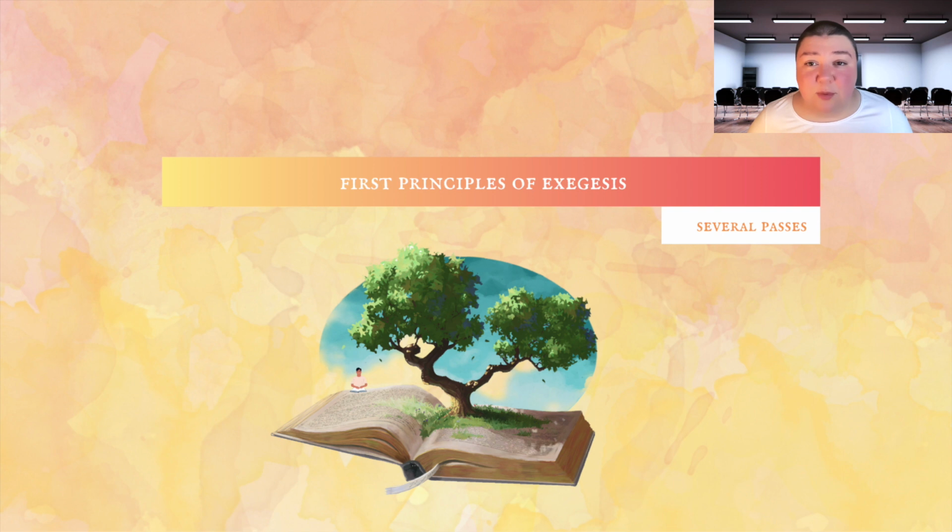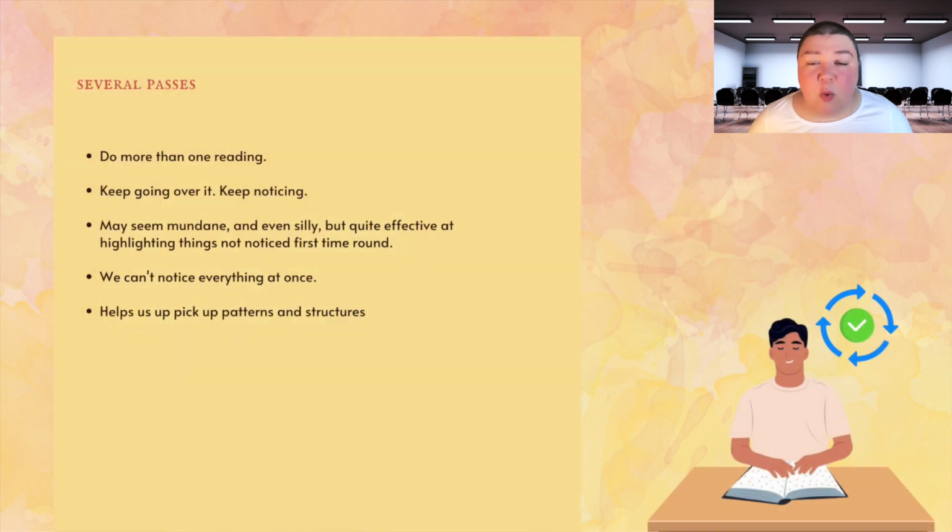Our next principle: when we exegete a passage, we are going to do more than one reading. We just mentioned that on our first pass, we read the text as though for the first time, and we talked about the zooming out: verse, passage, chapter, book. But when we study a passage, it's important to read it more than once. We take a second pass and a third and more if needed. Keep going over it. Keep noticing.